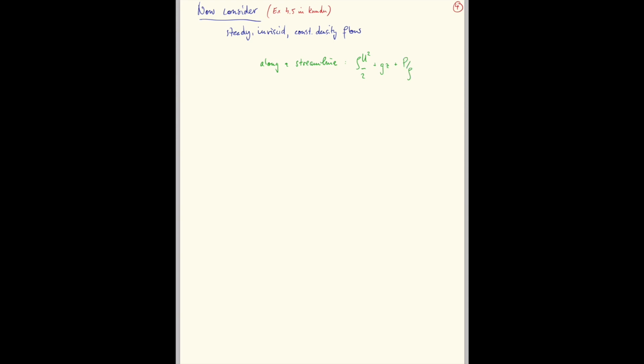So this scalar sum of three types of pressure is constant. And this is what we will show now.